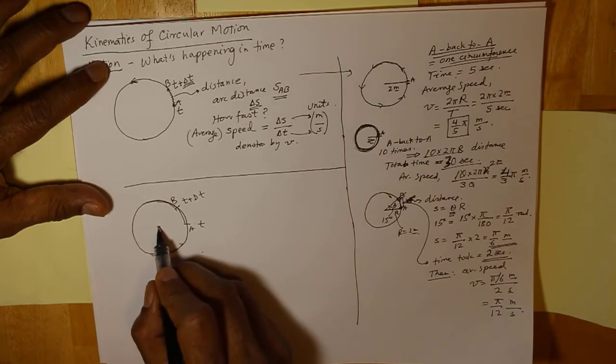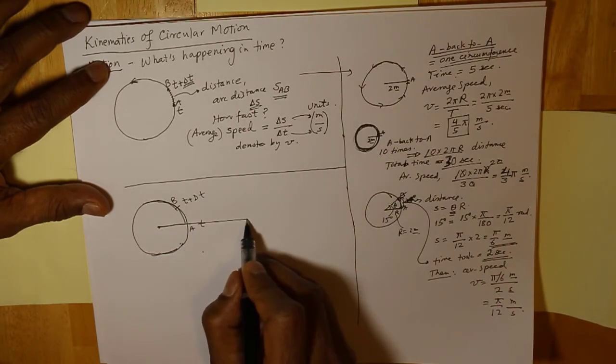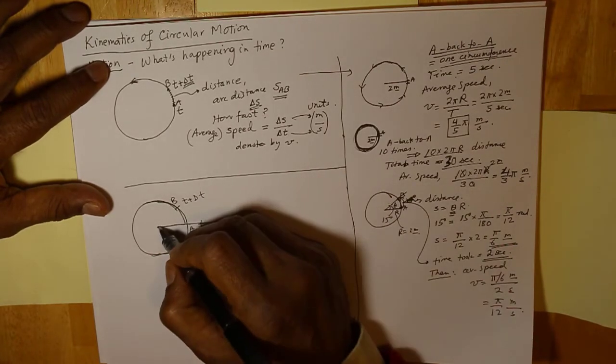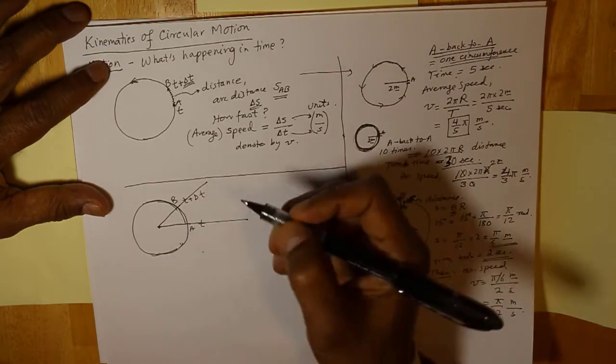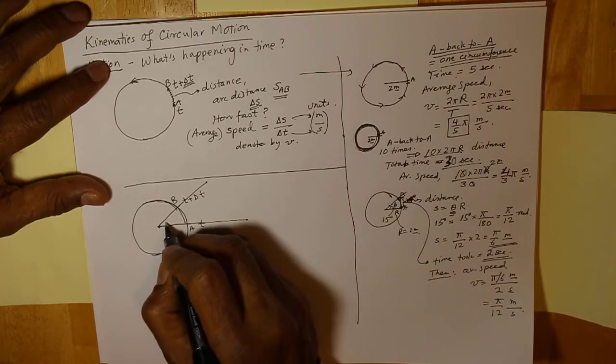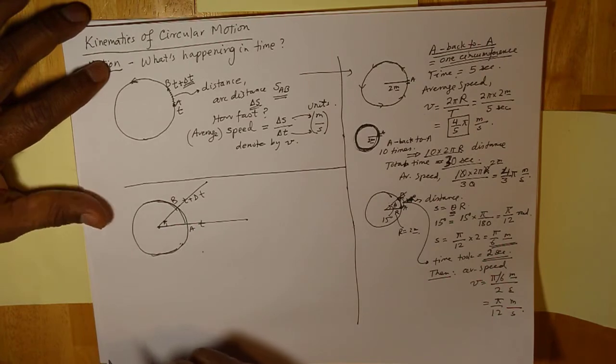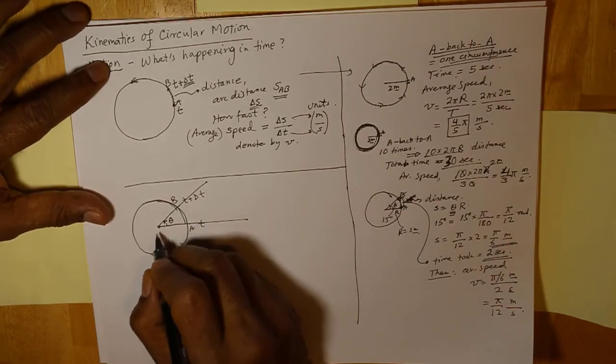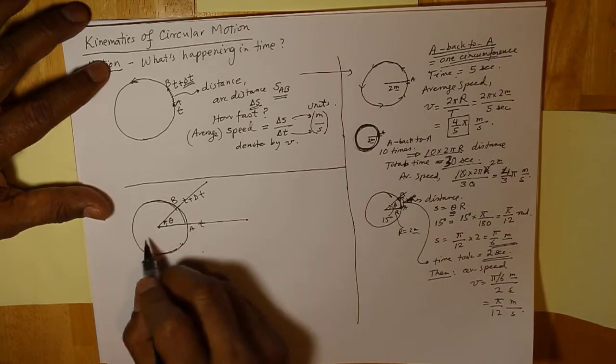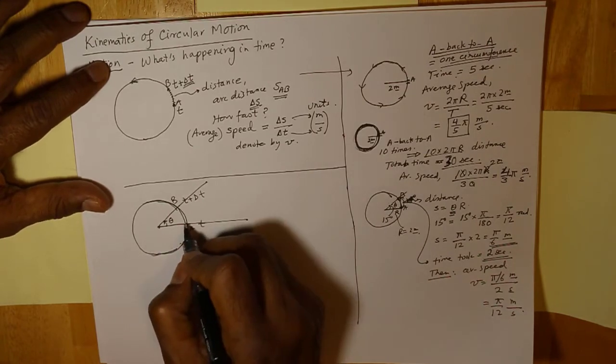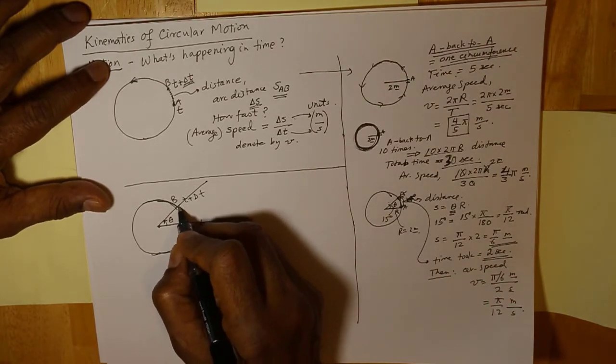So I'm in that direction at time t, and in another direction at another time. That's the angle I have moved. Of course, I've also gone this distance.